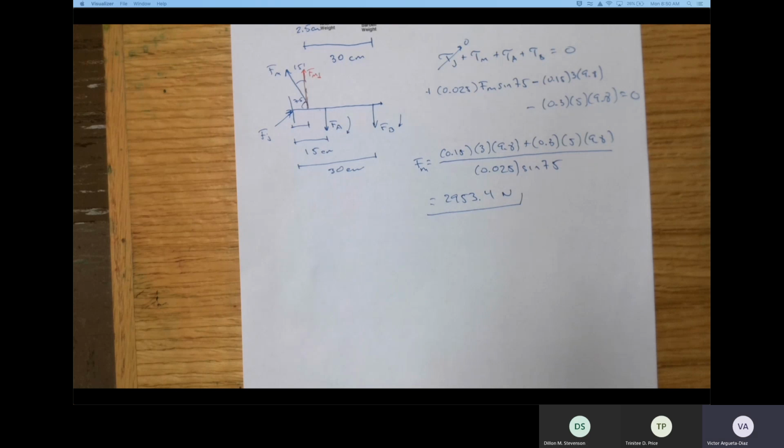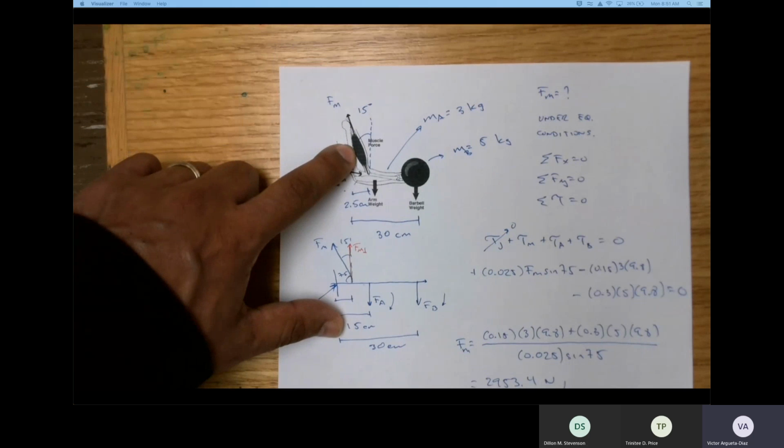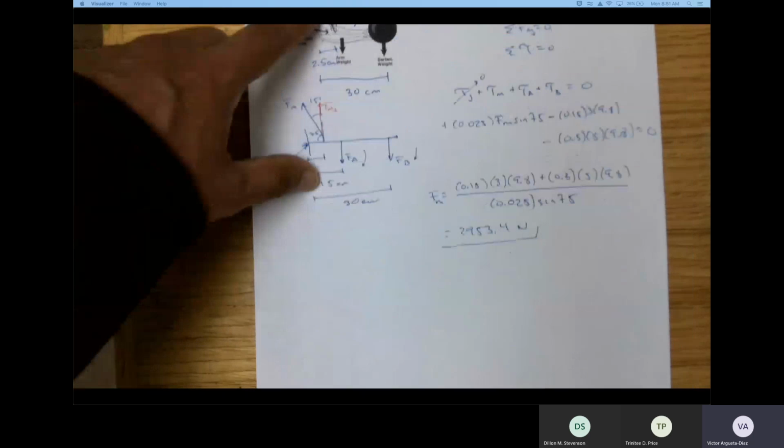Okay, so we just solved for the force of the muscle, this force over here. That's the force that the muscle is pulling up with to keep that arm in that position.